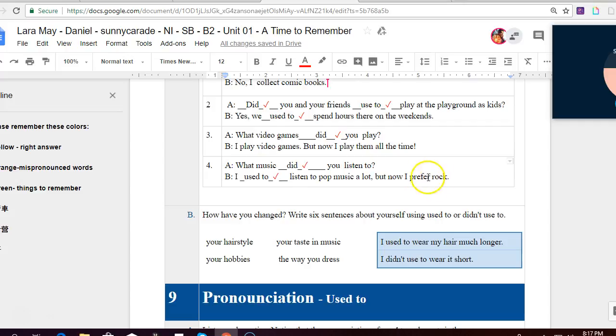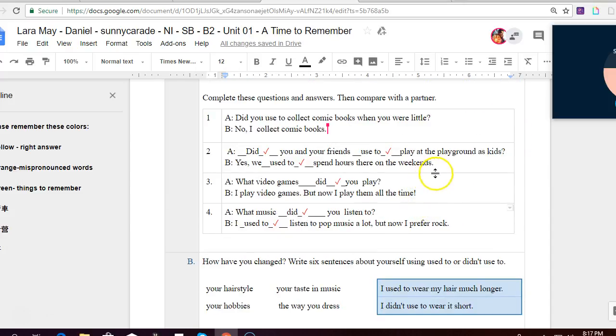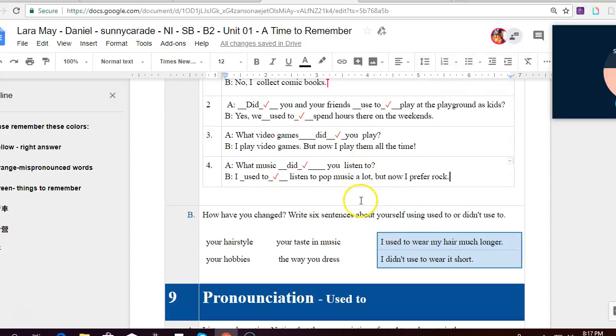Rock. Can you please read this word again? Okay, good job, Danielle, for this activity. Okay, so do you have any question before moving to activity B? No. Yes. Okay, so can we move on now?